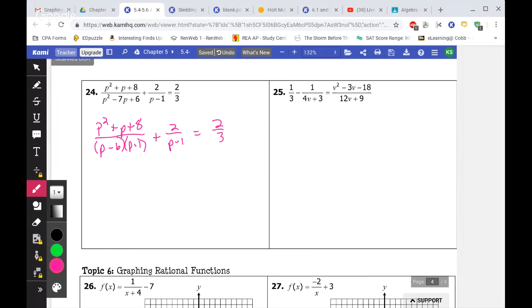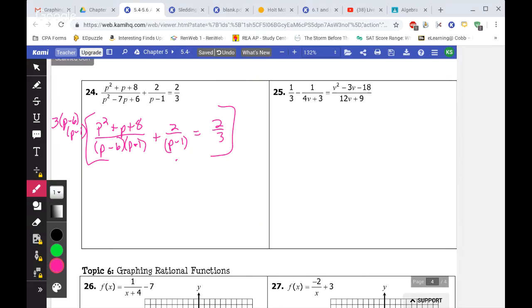So what you want to do is multiply the whole thing by a common denominator. Well, p minus 6 and p minus 1 has everything, has this p minus 1. It doesn't have the 3. So it looks like the common denominator is going to be 3 times p minus 6, p minus 1. Okay? All three of those factors. Does that make sense to you?